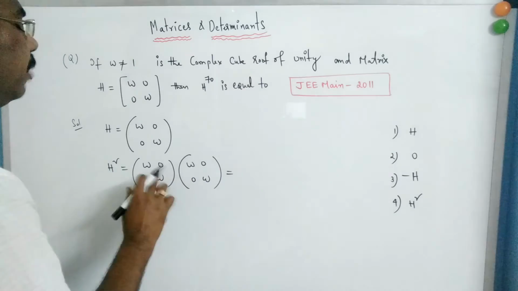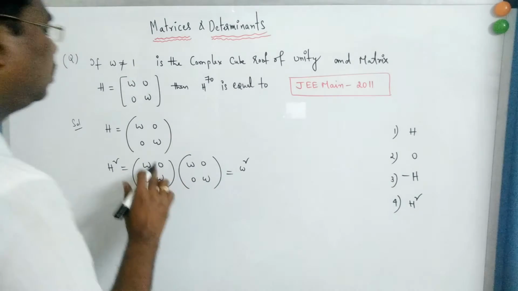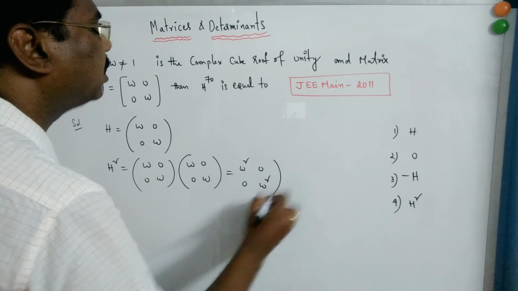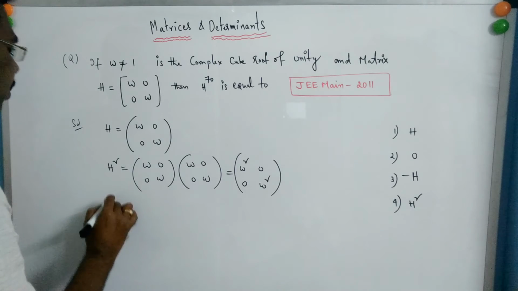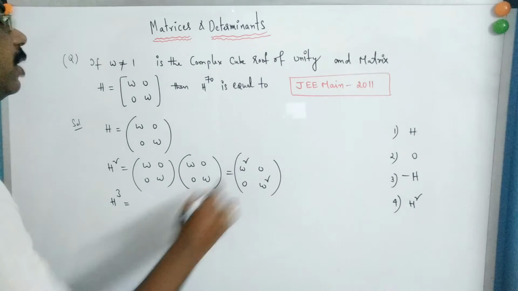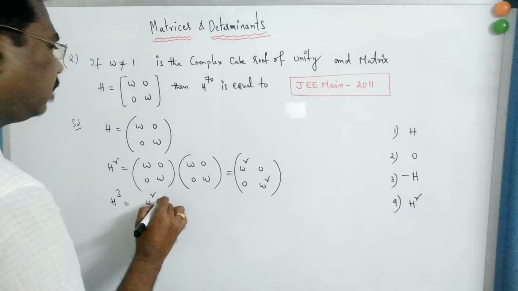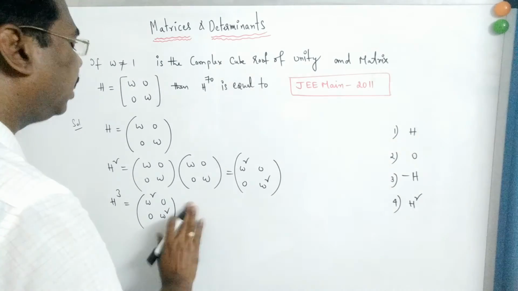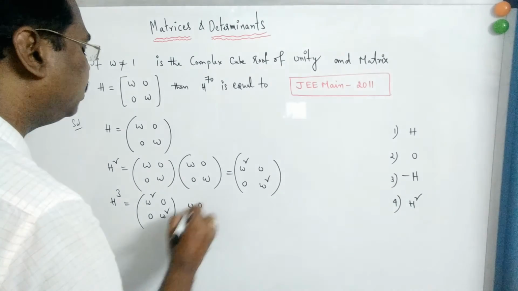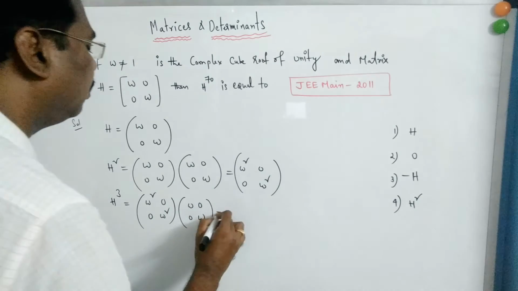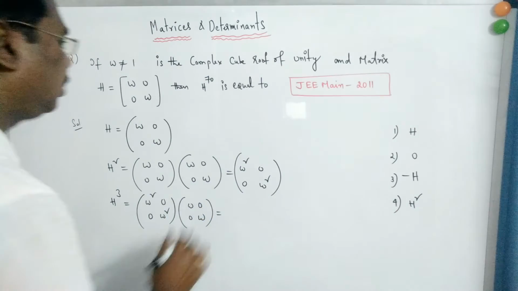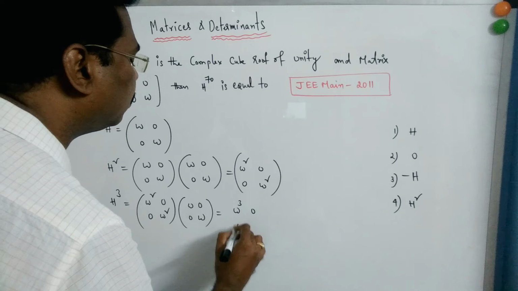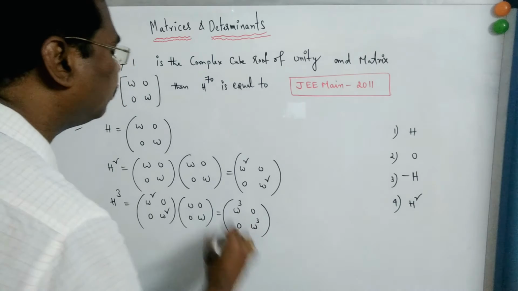Now omega square 0, 0 omega square. Next H cube equals omega square 0, 0 omega square into omega 0, 0 omega, so omega cube 0, 0 omega cube.